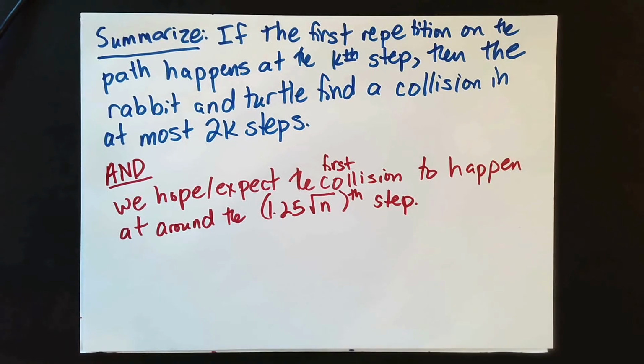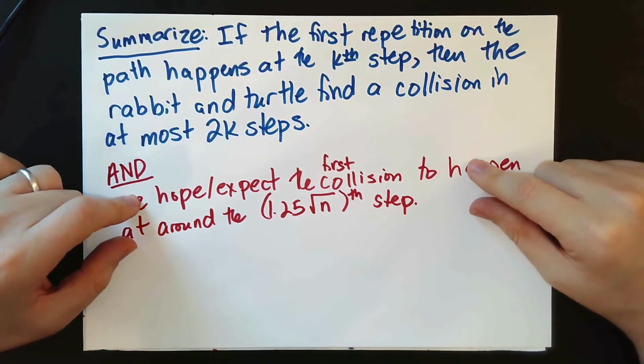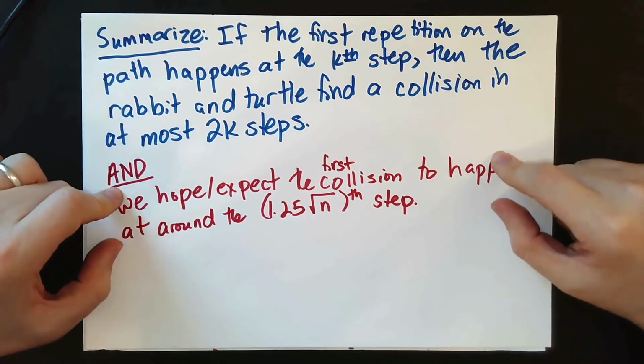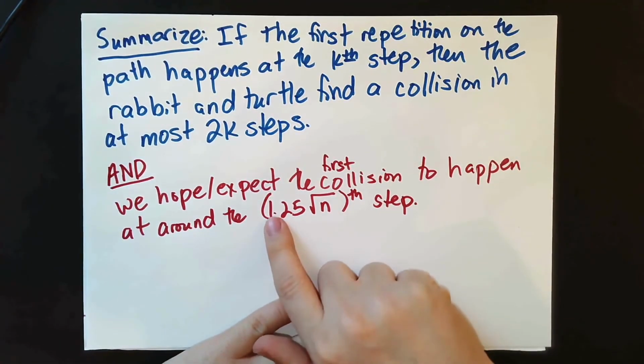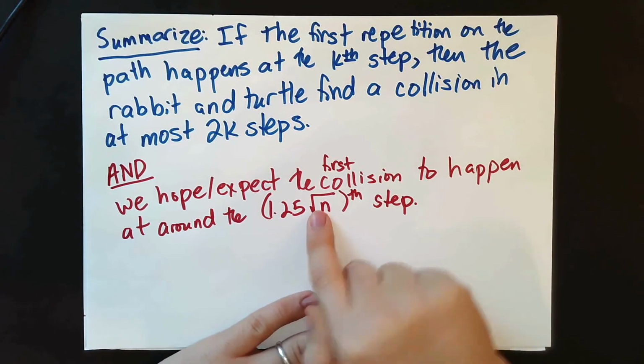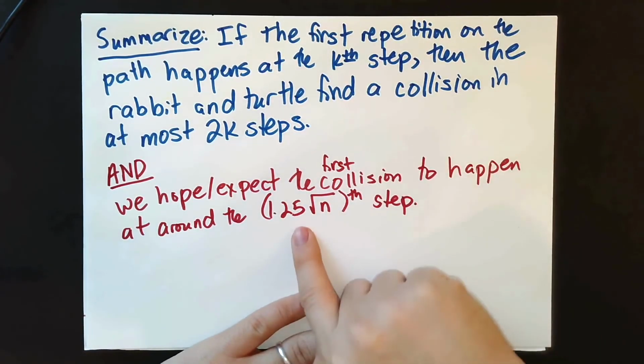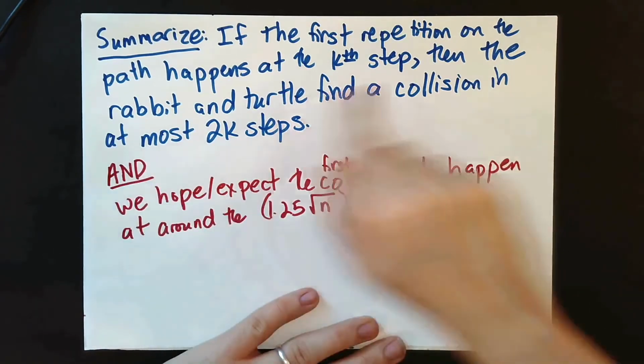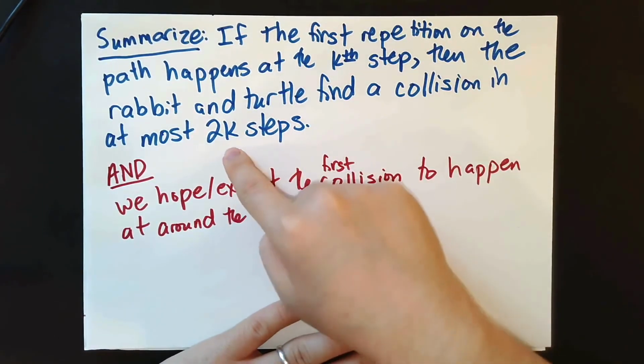Okay, so putting this together, the birthday theorem gives us hope. Hope is the right word. But the birthday theorem gives us hope that the first collision should be somewhere around 1.25 times square root of n. So that's to say k should be somewhere around 1.25 times square root of n.